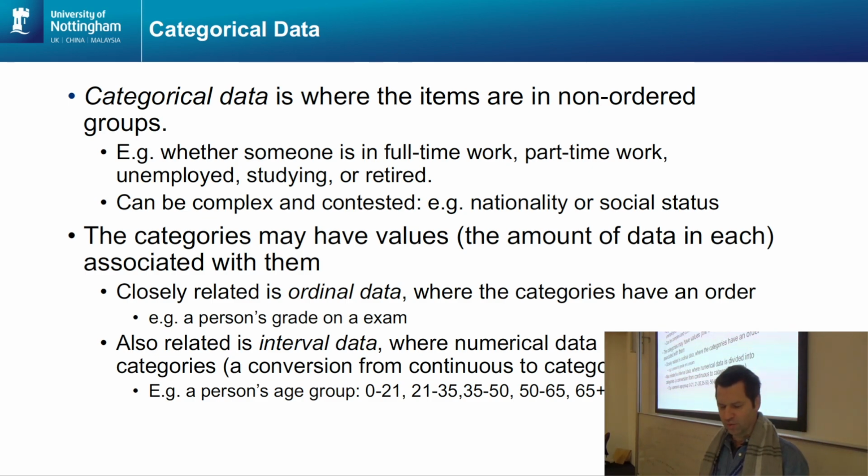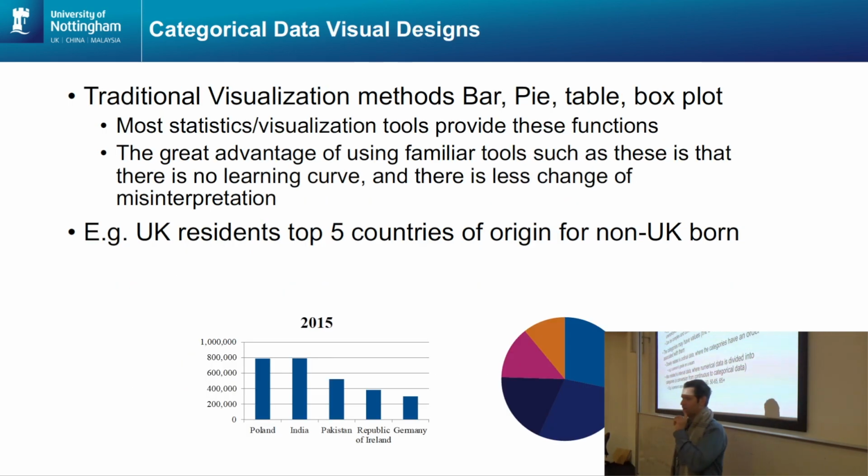We might group data into buckets like we do with the scores of exams, like first class, second class, third class, and so on. Age groups are a common example. Grouping ages into intervals like 5-year intervals is very common, right? 0 to 5, 6 to 10, and so on.